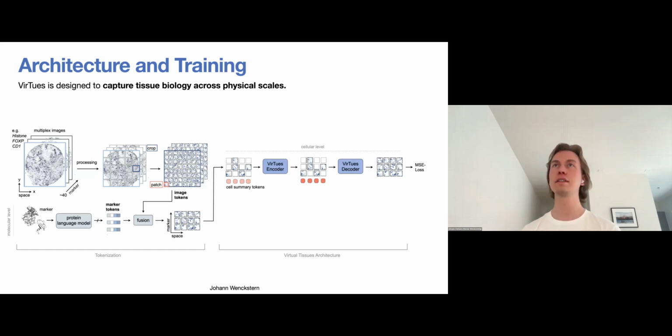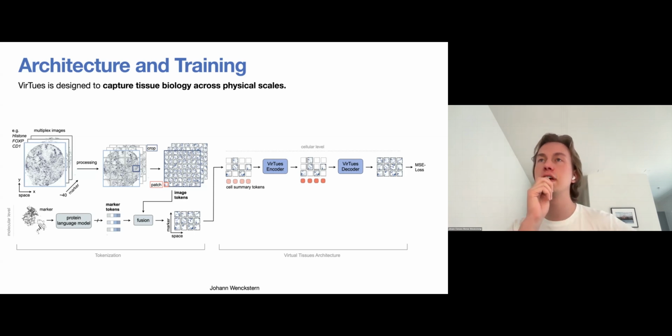During training, we mask part of the tokens. Masking means in this case simply dropping them. They never go into the encoder in the first place. Instead, we have a subsequent decoder, which again is a transformer architecture, which takes as input the visible encoded image tokens and the encoded cell summary tokens and predicts the masked tokens.